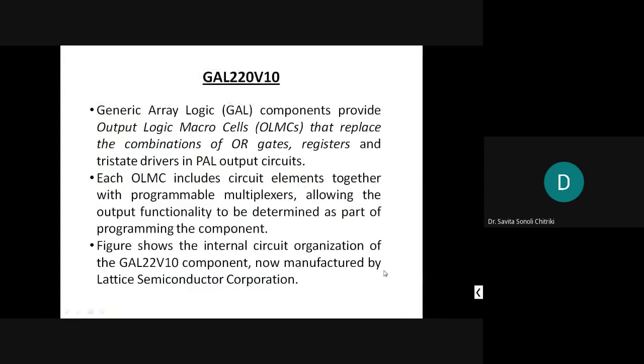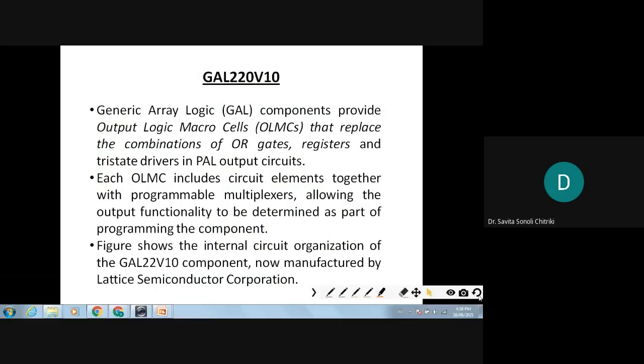So, what we were discussing: each OLMC includes circuit elements together with programmable multiplexers. So you have programmable multiplexers to select between the outputs, allowing the output functionality to be determined as part of programming the component.